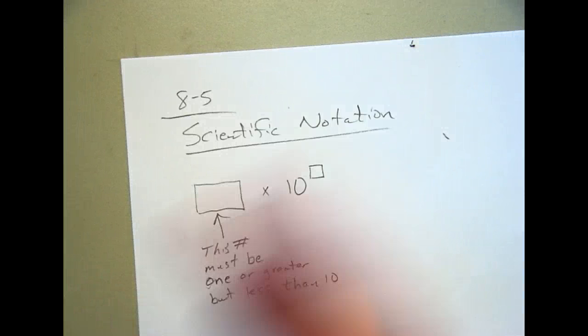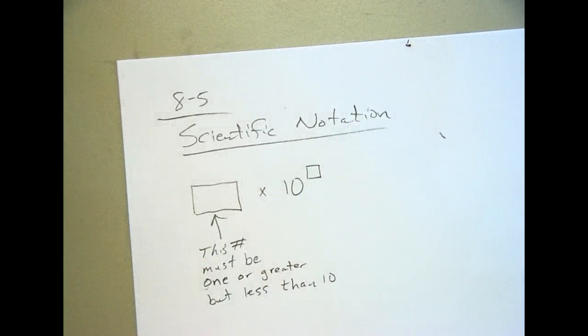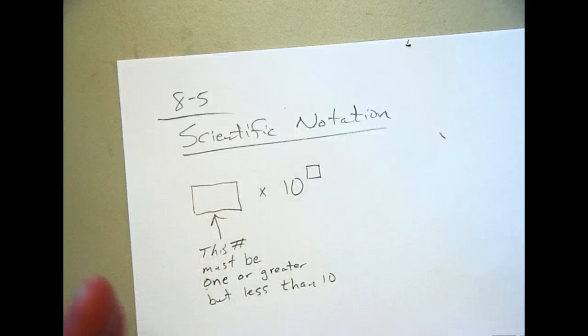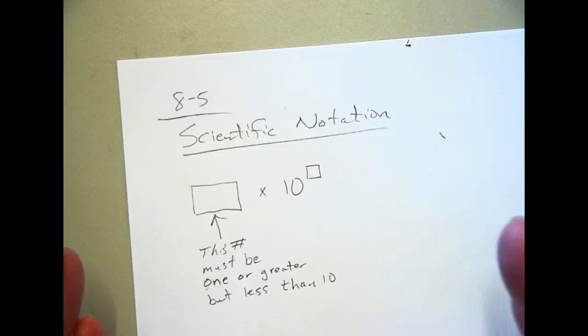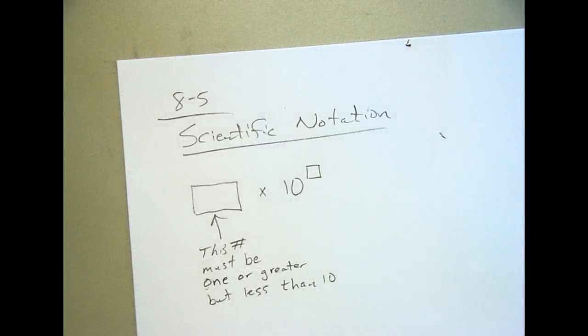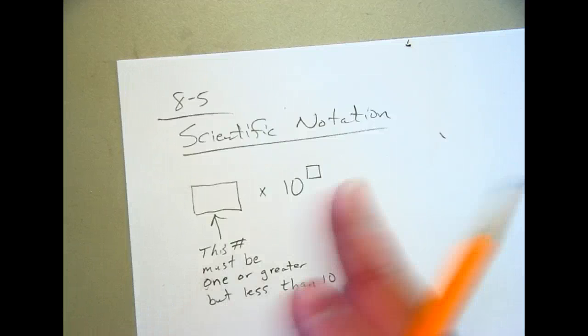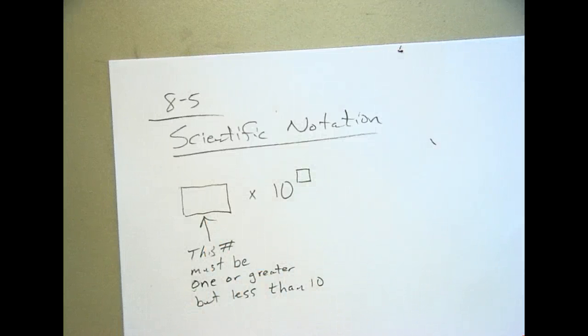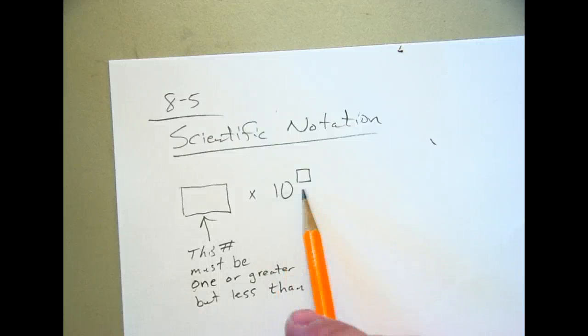Okay, so like in between 1 and 9.9999999, and it's okay for it to be negative. So technically it could be between -1 and -9.99999, and +1 and +9.99999. We say the absolute value of that number has to be between this. But that's getting a little too mathese for what we're dealing with. So just think, has to be between 1 and 9.999. If there's a negative sign in front of it, you're okay. All right? So, times 10 to some power.